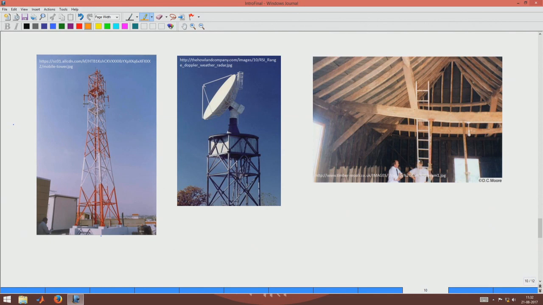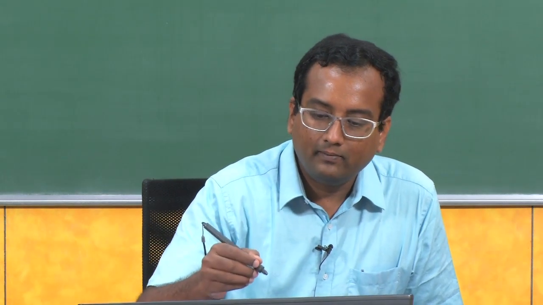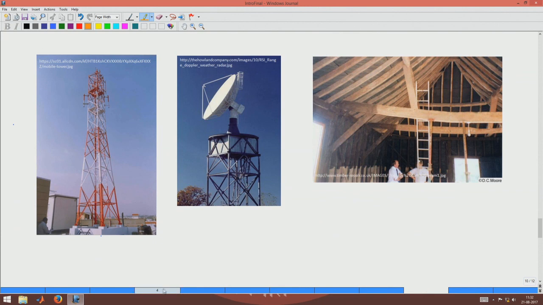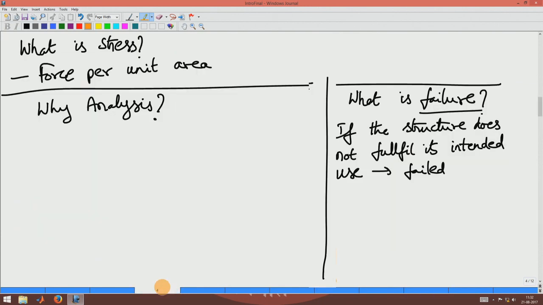Similarly, this weather antenna has to maintain its parabolic shape under extreme wind loads. If it does not, it is deemed to have failed, because it is used to track the cyclones and things like that, and you do not track cyclones when there are quiescent conditions. Okay. So, basically failure means different things under different scenarios.